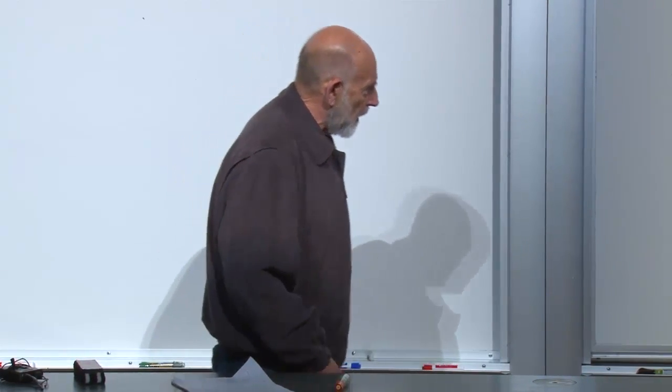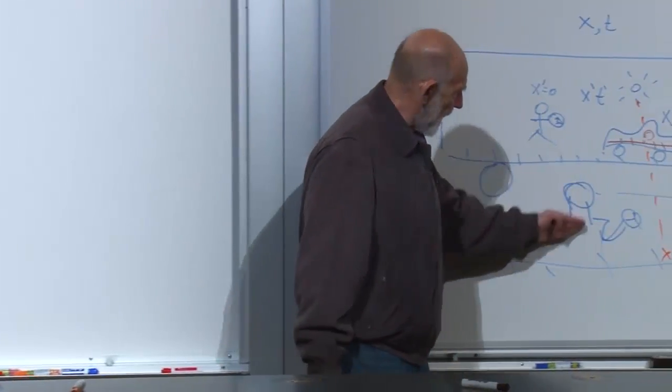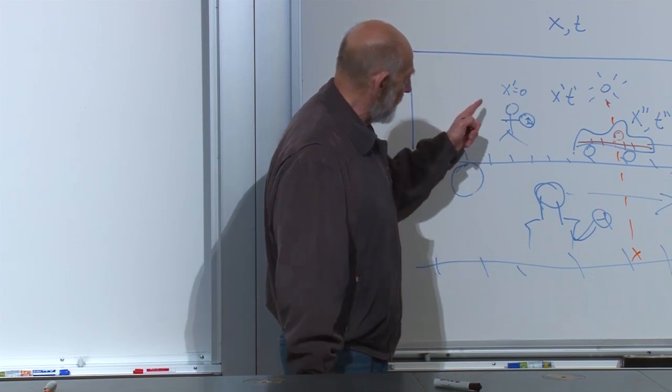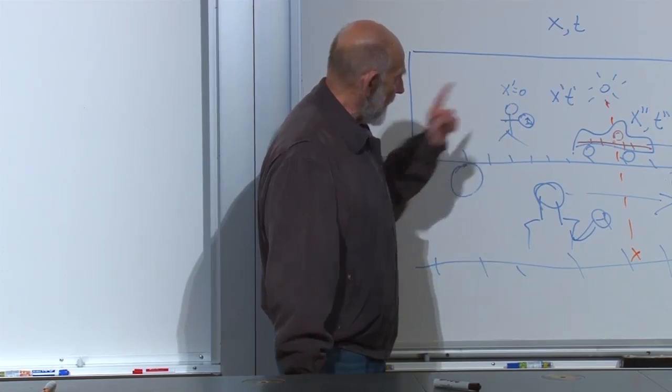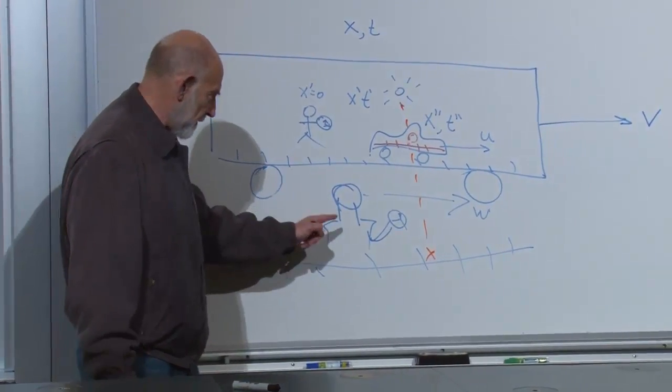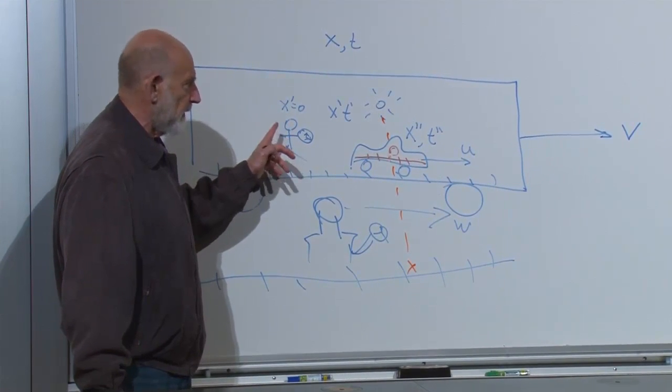What is the Newtonian equation? The corresponding pre-Einsteinian equation? Well, the stationary observer sees the passenger moving with velocity v.